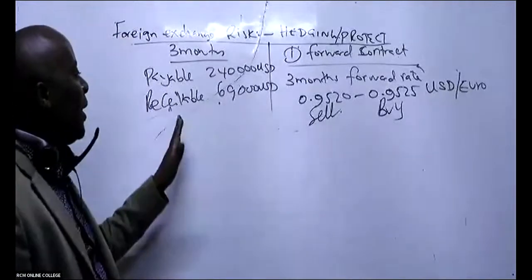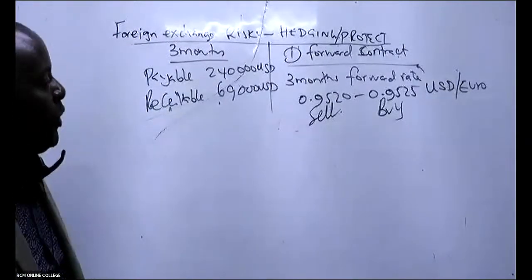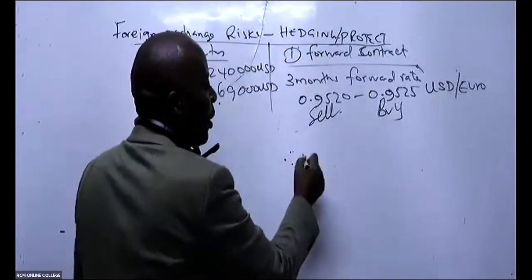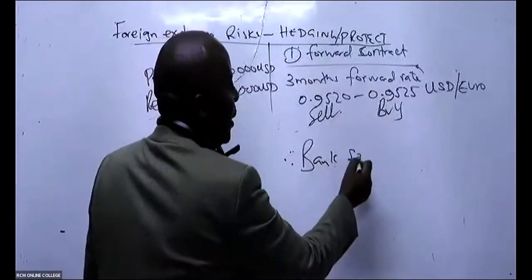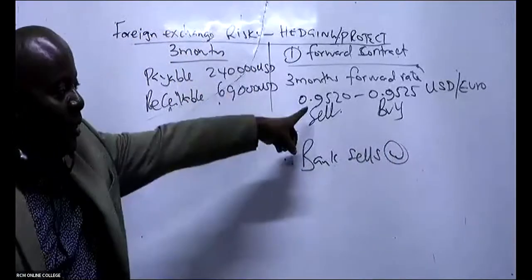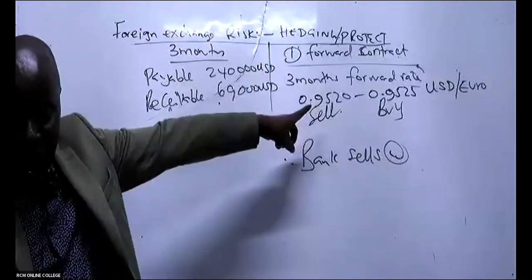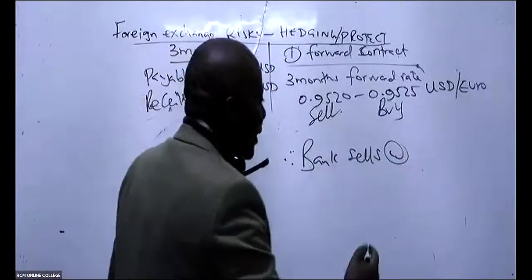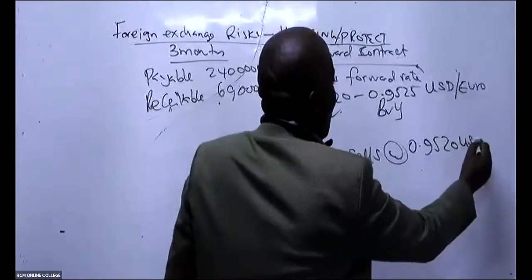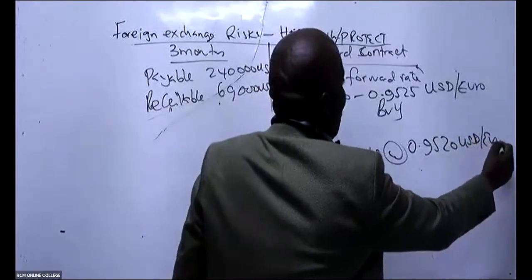So in this case, this is a payable question. So the role of the bank will be to sell. Therefore, the bank sells. Sells at what rate? Are you able to see the selling rate? The selling rate is 0.9520 US dollar per euro.